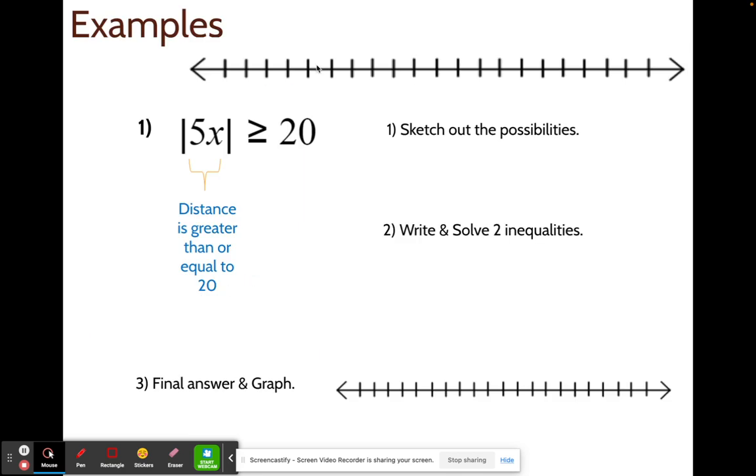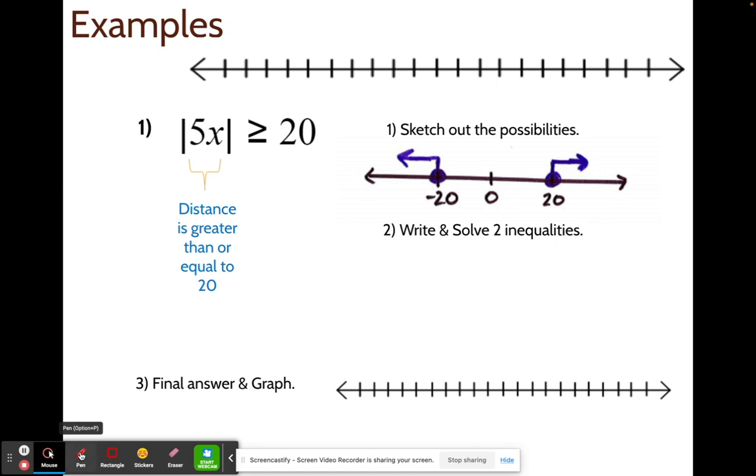Okay, so now I have absolute value of 5x is greater than 20. I hear the word or, greater than 20. So we're going to sketch out some possibilities of what this entire value can be. It can be values that are greater than 20 or less than negative 20. Those would make this true.